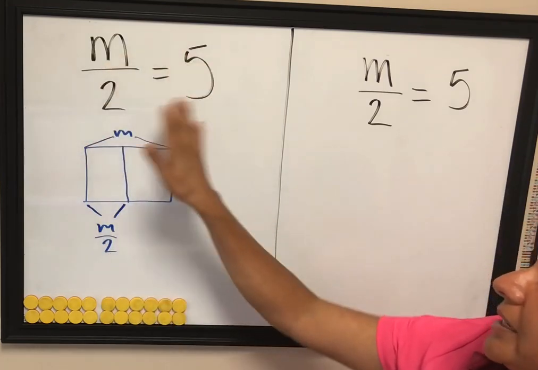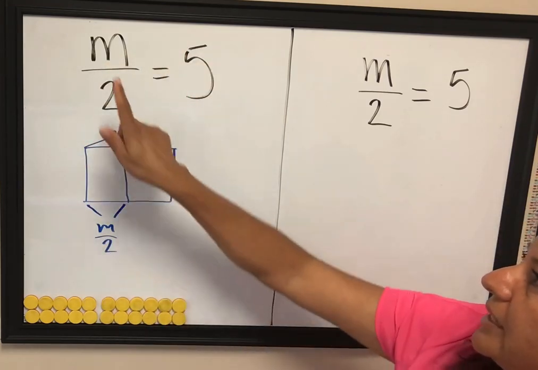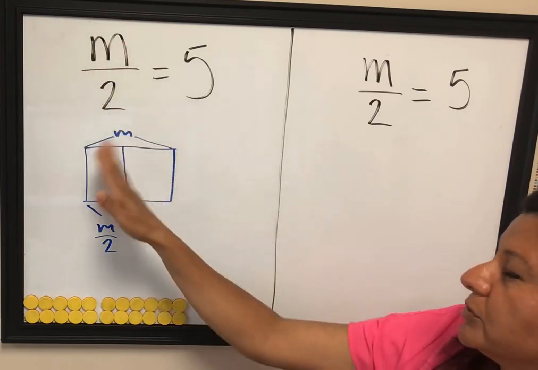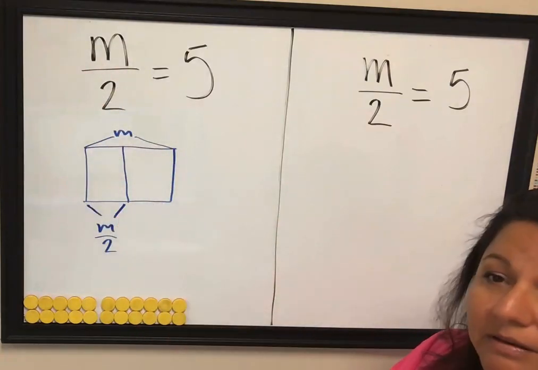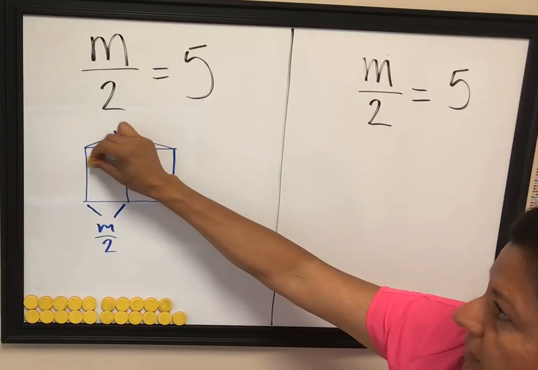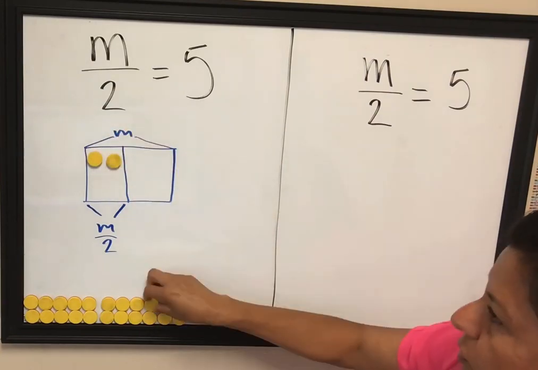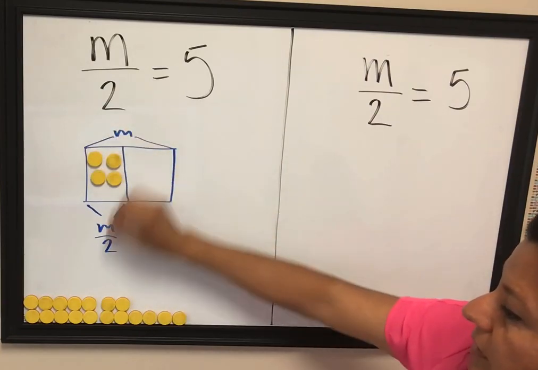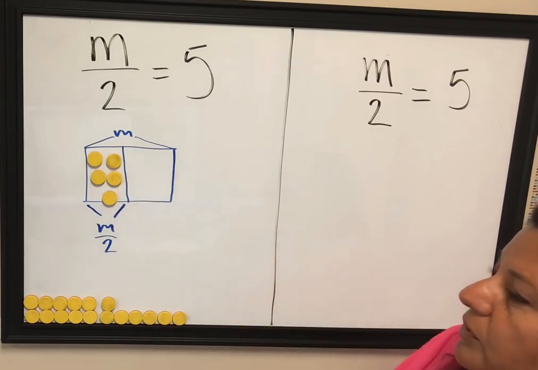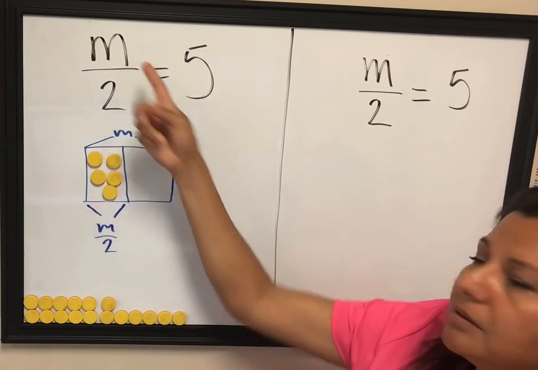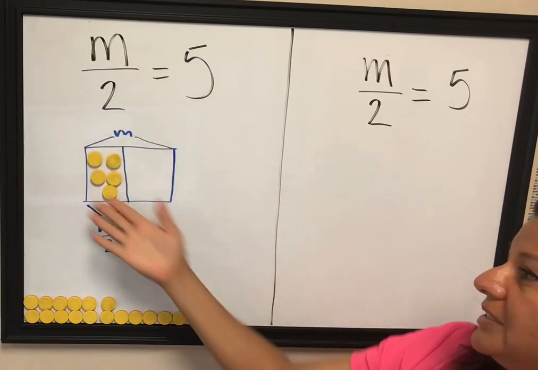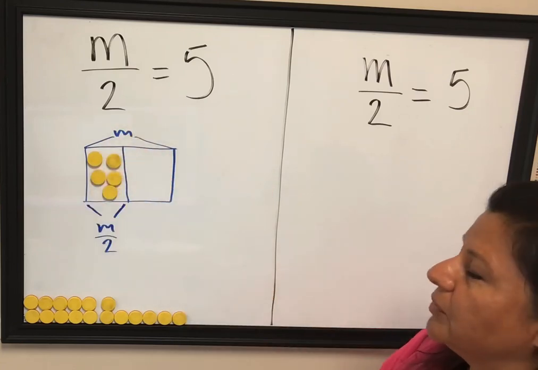And according to our equation, right now it's saying that m over 2, that portion of my box, has 5 positive counters, right? 1, 2, 3, 4, and 5. When we're looking for m, we're looking for the quantity that we would have in the entire box.